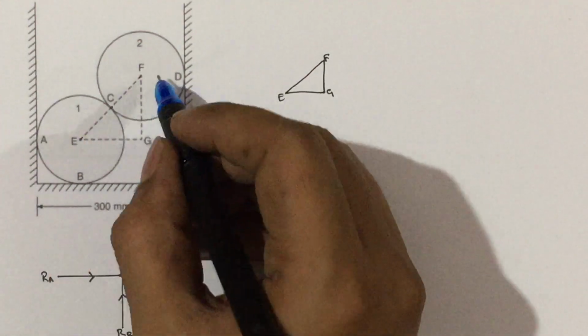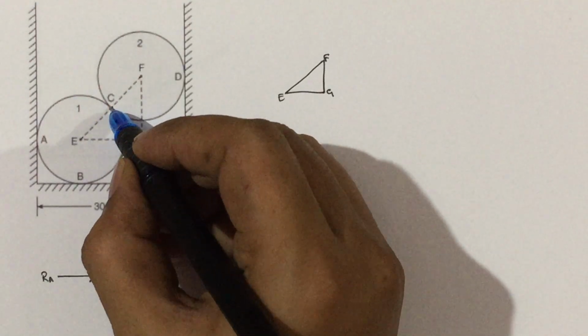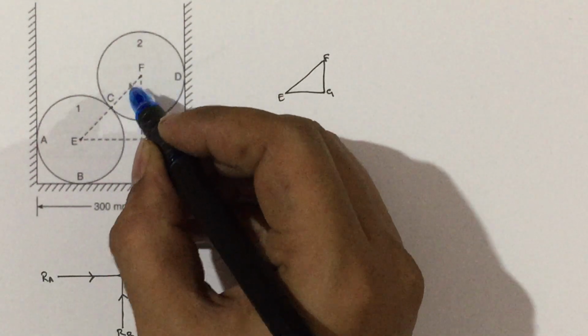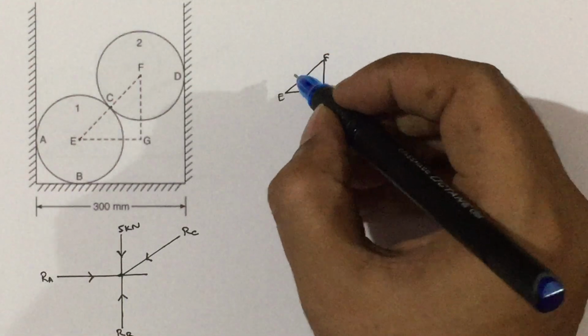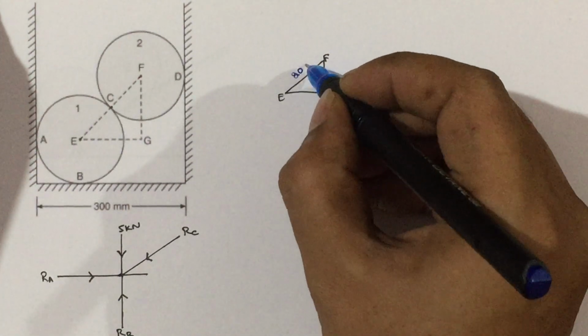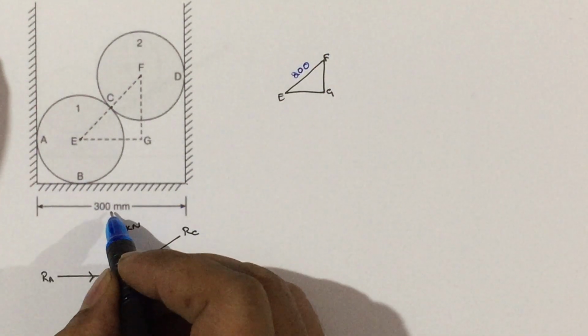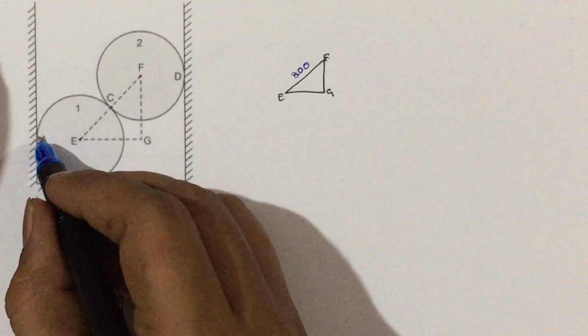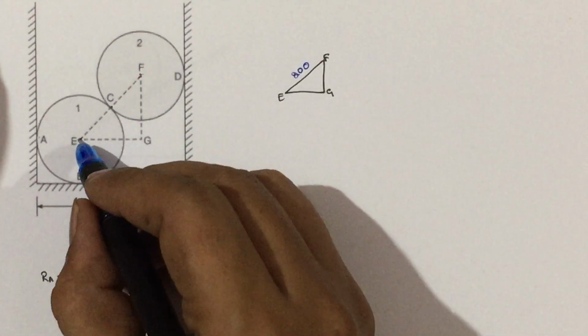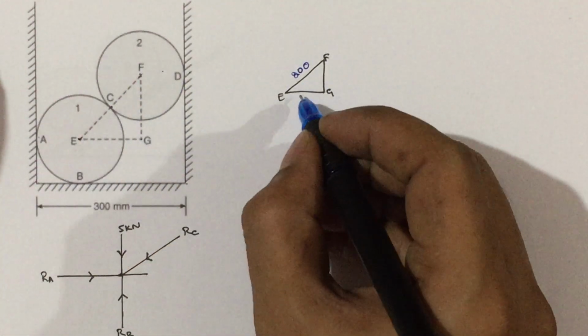The radius of each ball is 100 mm. Therefore, from the ear to the ear it is R1, and from the ear to the ear it is R2. Radius R1 and R2, 100 mm plus 100 mm, becomes 200. Then the total inside length is 300 mm. From that deduct R1 and deduct R2 and you will get EG. So 300 minus 100 minus 100, you will get 100.